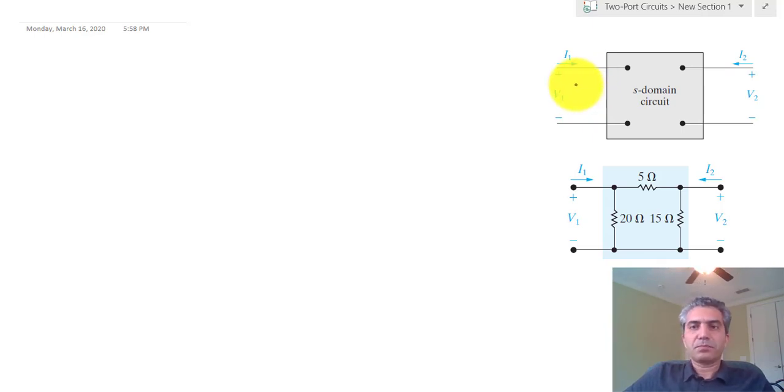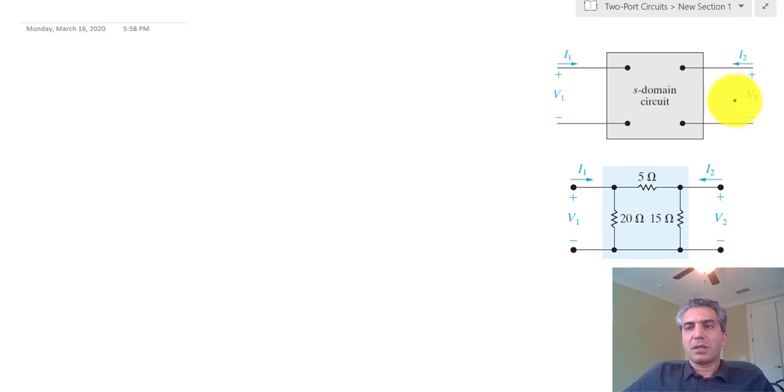could be any of them. So you can choose I1 and V1 as your known variables, and then I2 and V2 as your unknowns that could be written as a function of I1 and V1, but you can also choose I1 and I2 as the known variables and try to find V1 and V2 as a function of the other two.